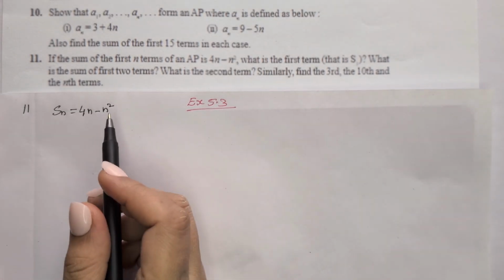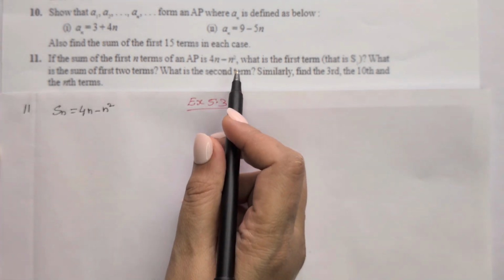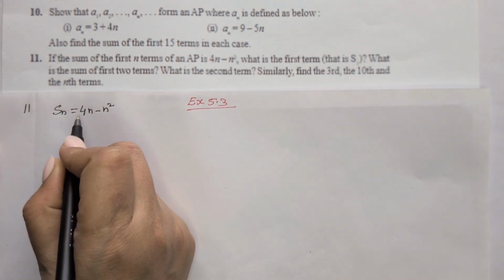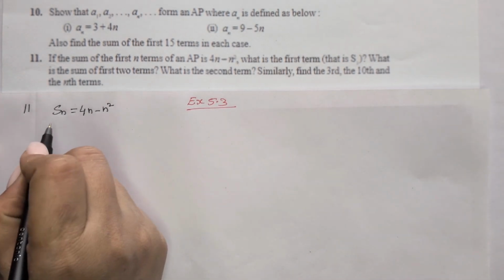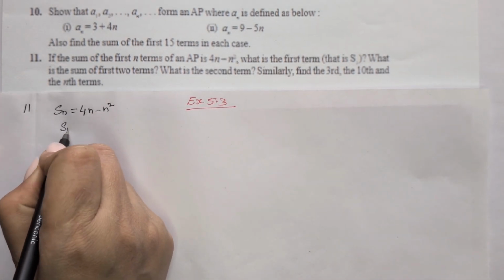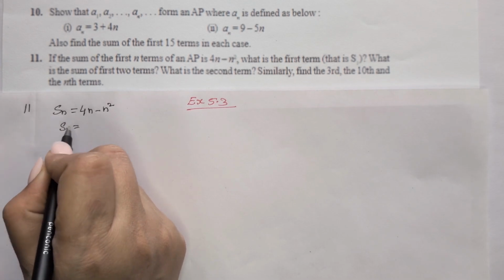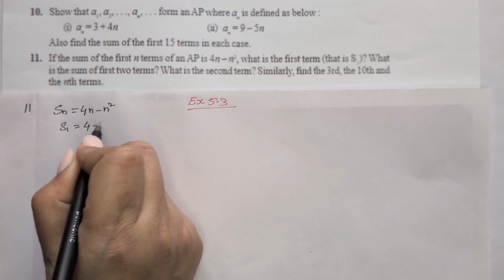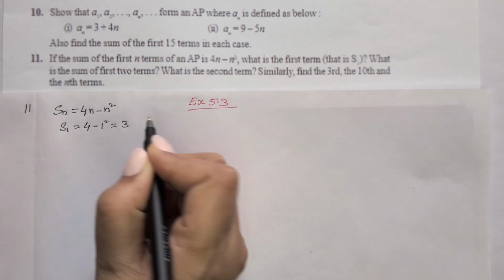Question number 11. If the sum of first n terms of an AP is 4n minus n square, that means Sn, the sum of first n terms, Sn is equal to 4n minus n square. From here we can find S1. S1 is equal to, put in place of n is equal to 1, so it will come 4 into 1, 4 minus 1 square, that means 4 minus 1, 3.